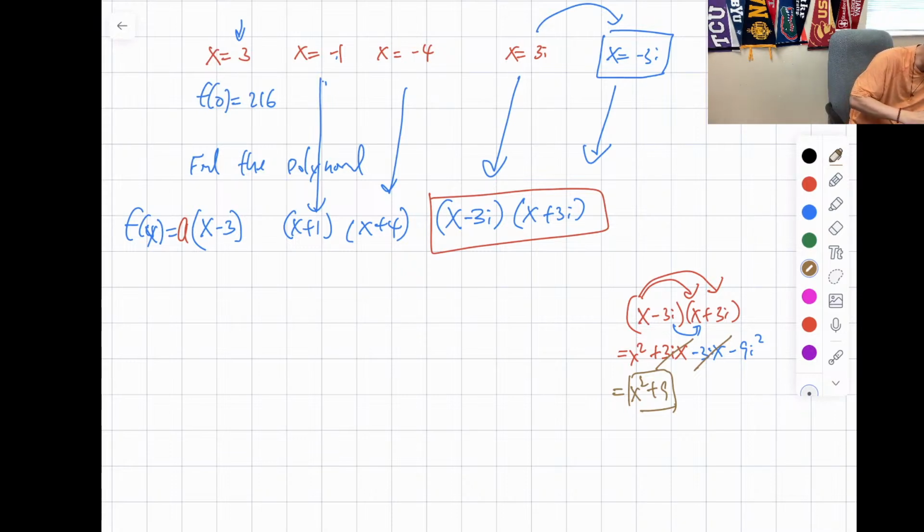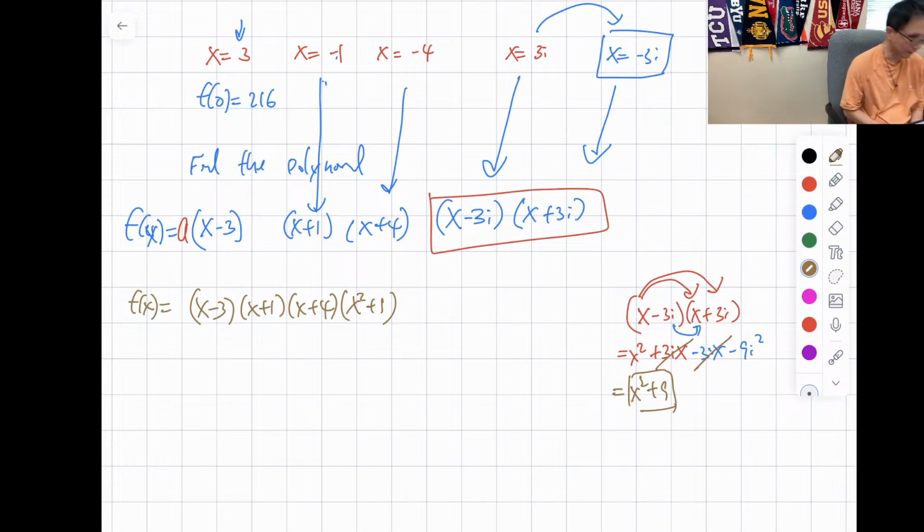So then you've got x minus 3, x plus 1, x plus 4, and x squared plus 9. And that's some type of f of x. So what's the degree of this? 1, 2, 3, 4, 5. So whenever you have something that's plus 1 here, guess what? You're gonna have two imaginary solutions.